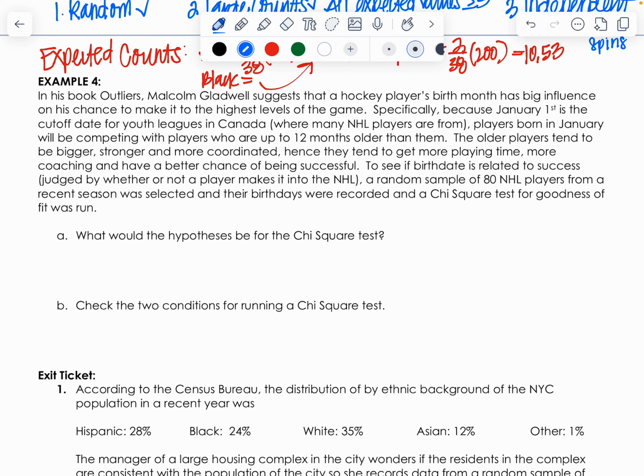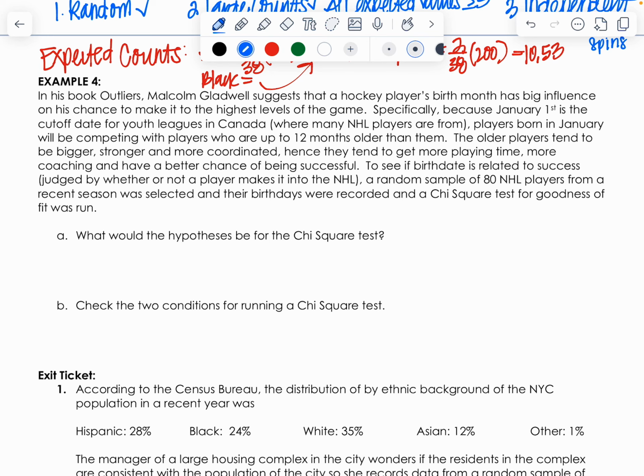The older players tend to be bigger, stronger, and more coordinated. Hence, they tend to get more playing time, more coaching, and have a better chance of being successful. To see if birth date is related to success, based on whether or not a player makes it into the NHL, a random sample of 80 NHL players from a recent season was selected, and their birthdays recorded, and a chi-square test for goodness of fit was run.